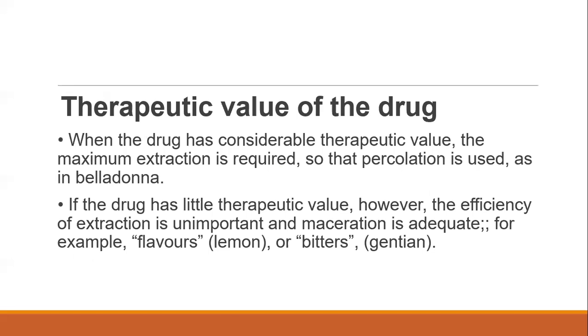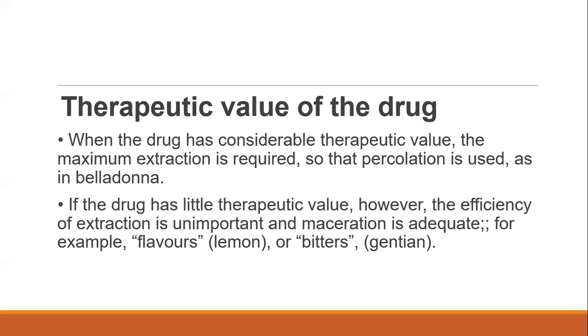Therapeutic value of the drug is the next consideration. When the drug has considerable therapeutic value, the maximum extraction is required, so percolation is used, for example belladonna. When you require therapeutic value, your prime focus is therapeutic value.